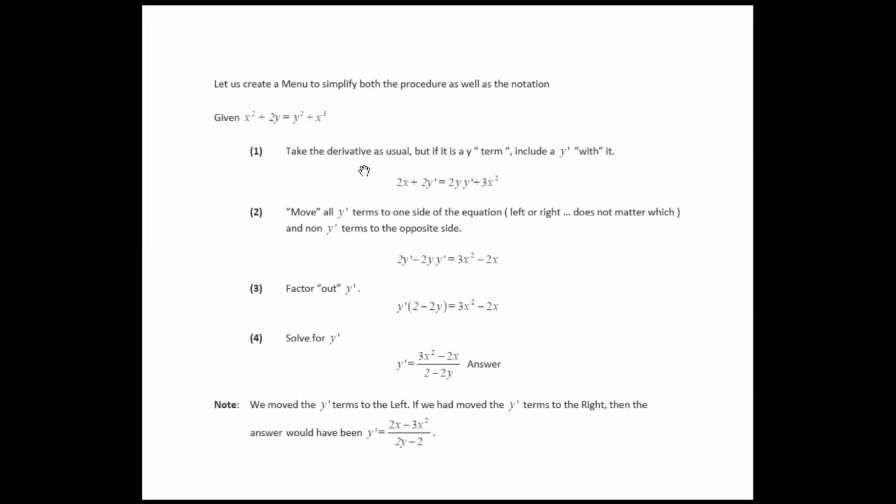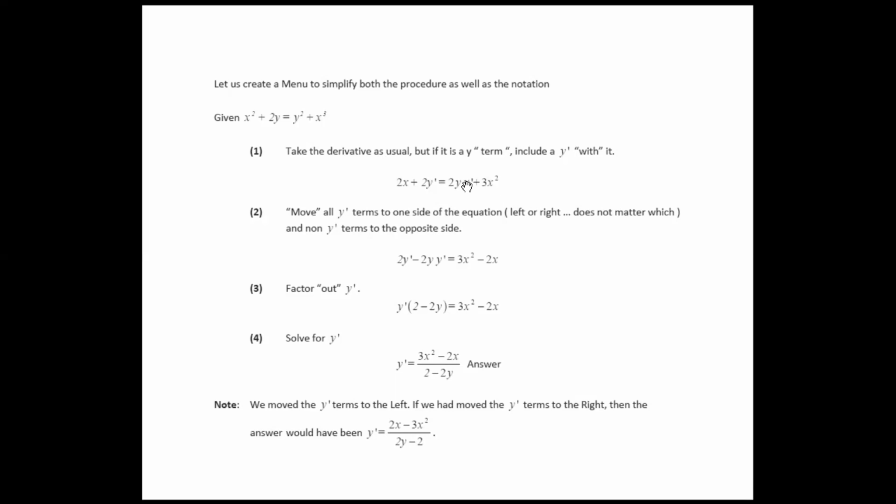The derivative of x squared is 2x. The derivative of 2y is just 2. That's a y term. Put a y prime with it. The derivative of y squared is 2y. That's a y term. Put a y prime with it. The derivative of x cubed is 3x squared. That's step 1.